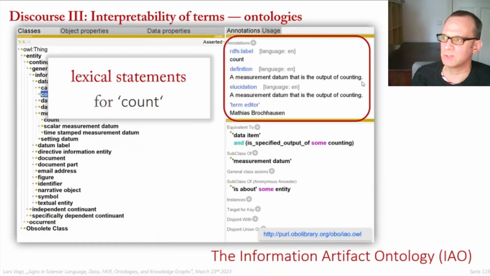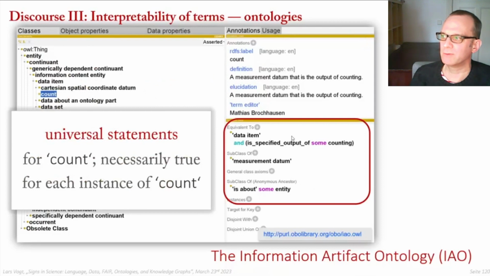We have the definition, human readable, some elucidation, the term editor, and there might be some more. And then down here we have the universal statement for count. And this is basically information that is necessarily true for each instance of count. And it's using specific formalism.